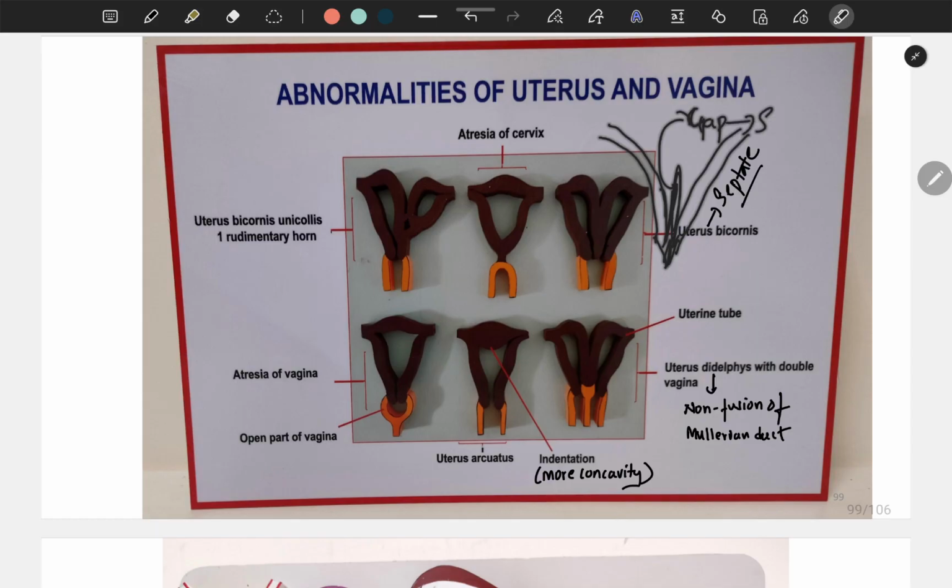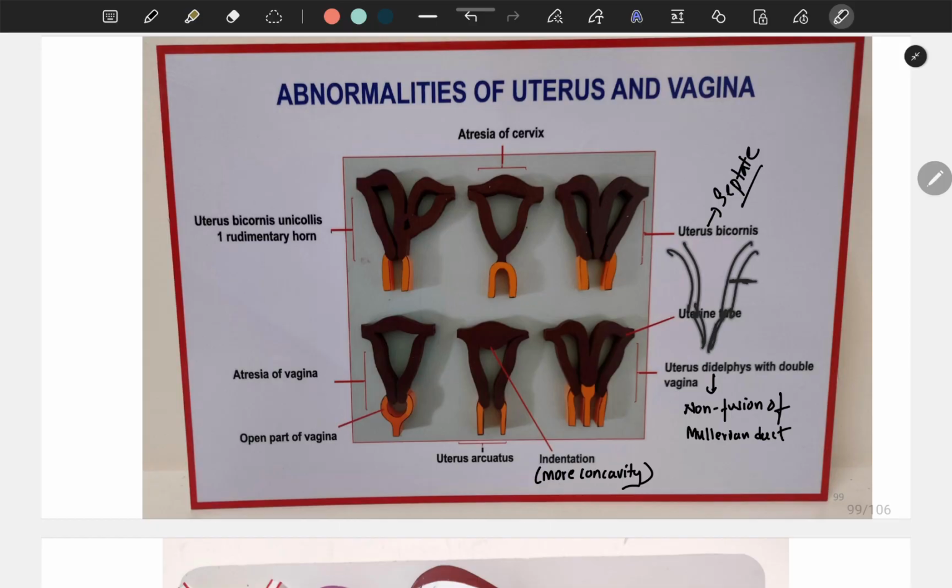This is called septate, or uterus bicornis. That is, two uterus will be present, because there will be no fusion. At a late stage it will fuse. So there will be two uterus, that is also called septate.